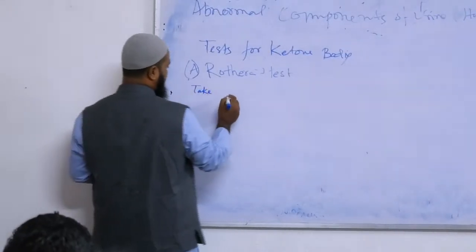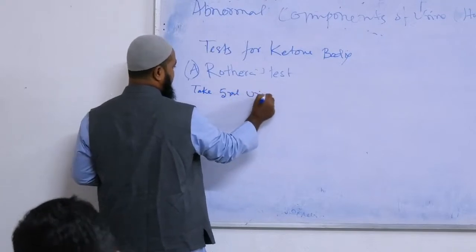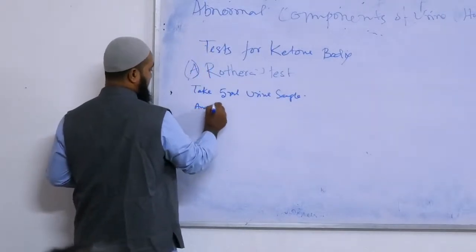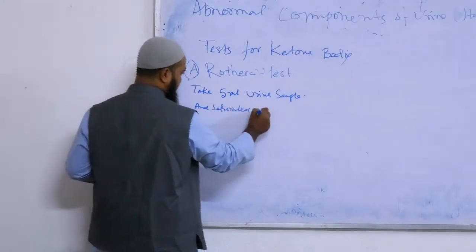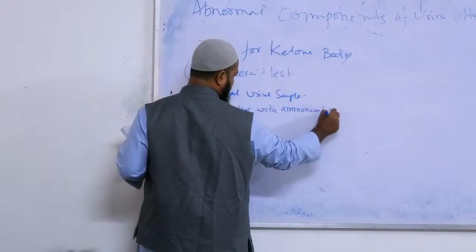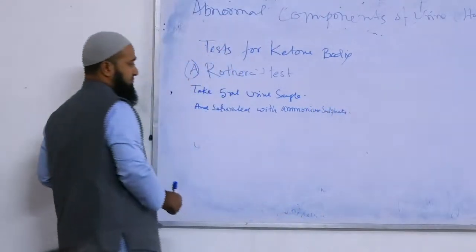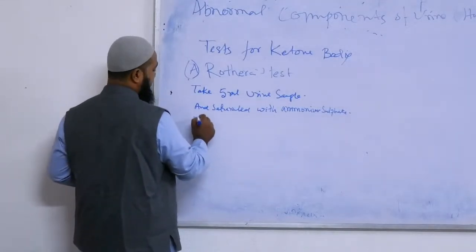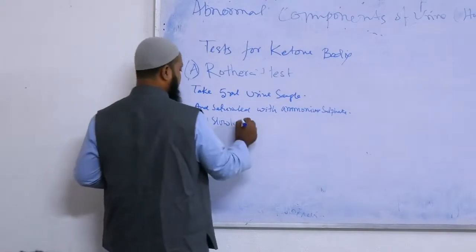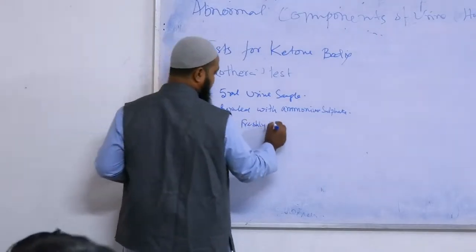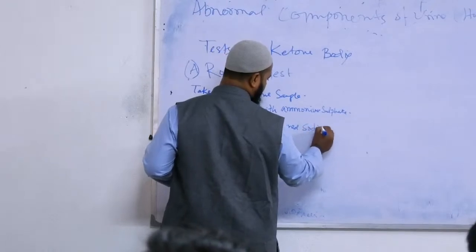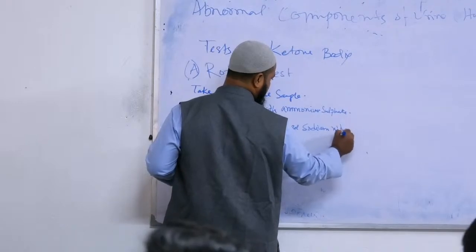Take 5 ml urine sample and saturate with ammonium sulfate, and add slowly freshly prepared sodium nitroprusside.